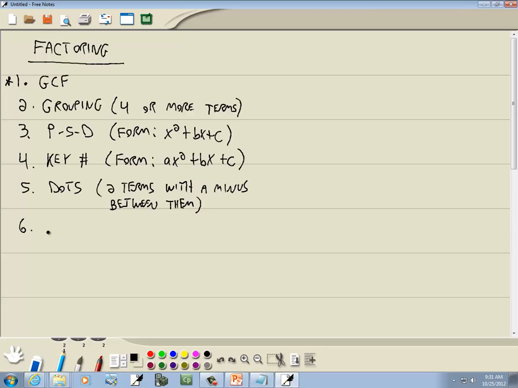Now our sixth one is the difference of two cubes. And this is two terms with a minus between them.